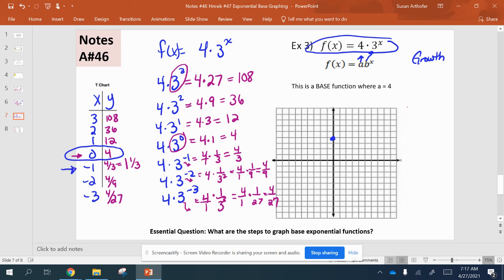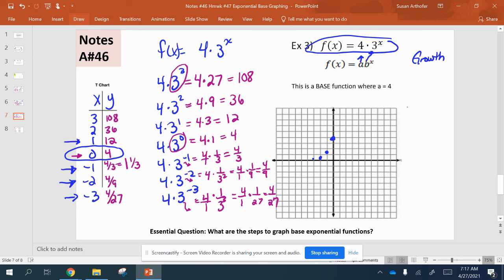Let's start here. -1 over 1 and 1/3. -1 up 1 and a little more. Next one. -2 left 2 up a little bit. 4/9 is not greater than 1, so you can't go above 1. -3 up even less because 4 out of 27 is smaller than 4/9.